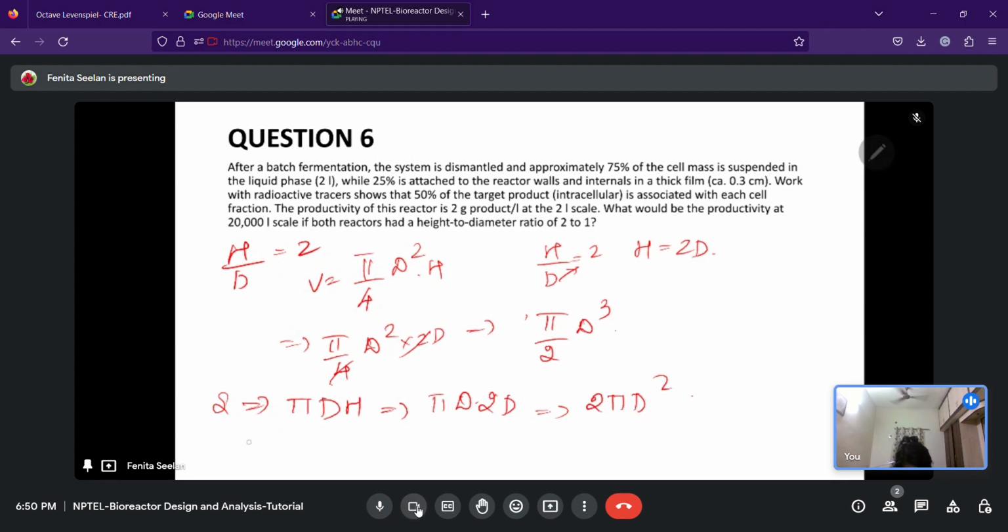So for a 2-liter system, the diameter is what? How do we calculate this? The volume is given now. From this we can calculate this, right?